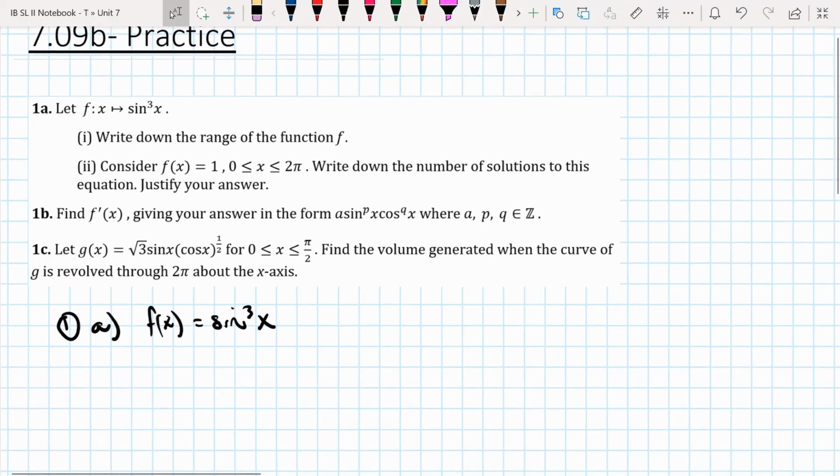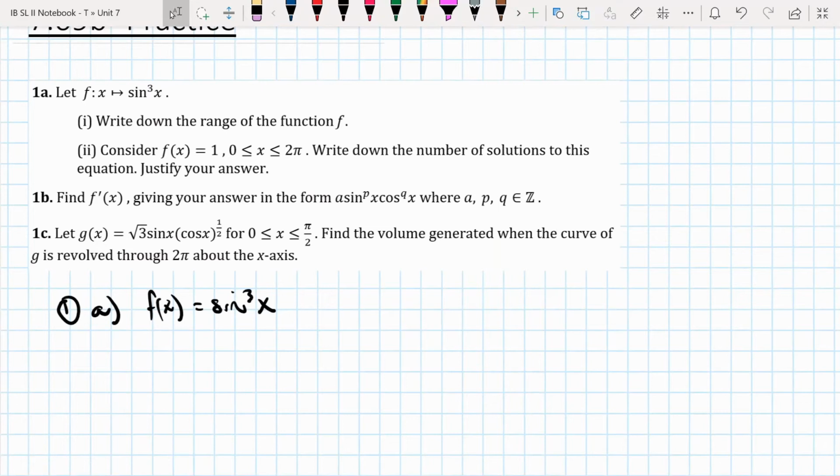To do that, we're going to start by recognizing that sine of x is bounded below by the number 0, and it's bounded above by the number 1. So no matter what values we plug in for x, the y values of sine will always be bounded above and below by these numbers.